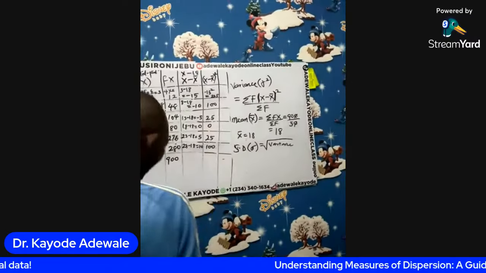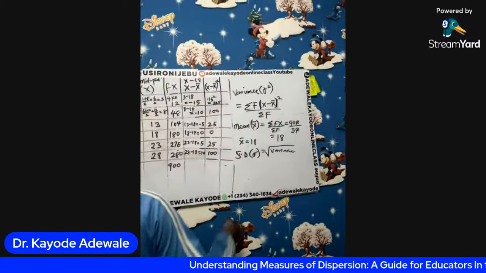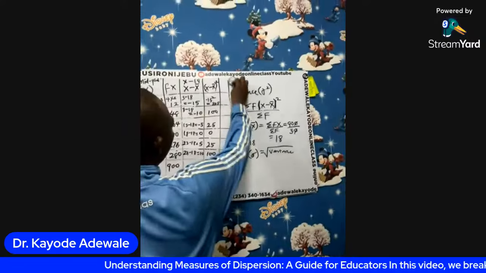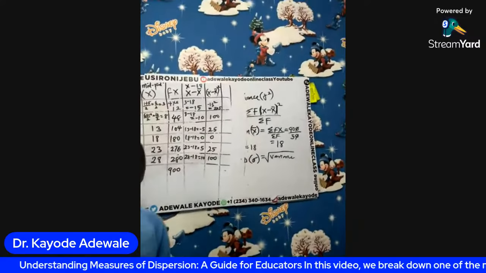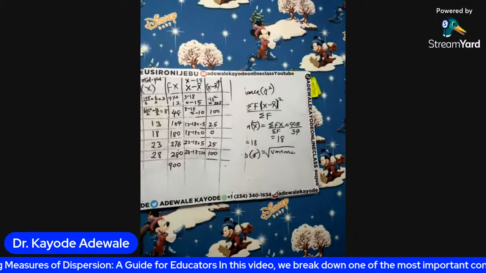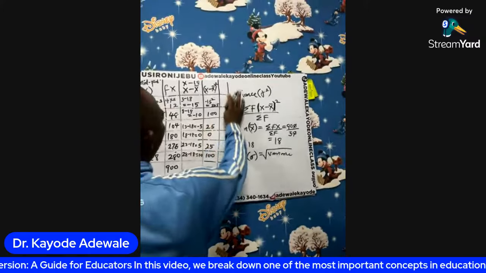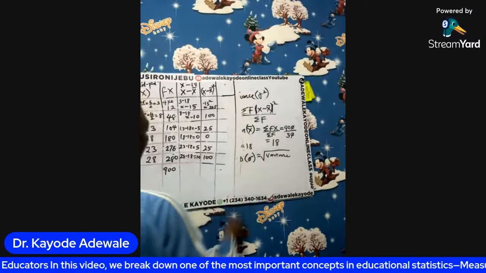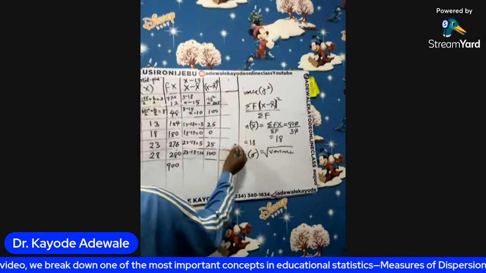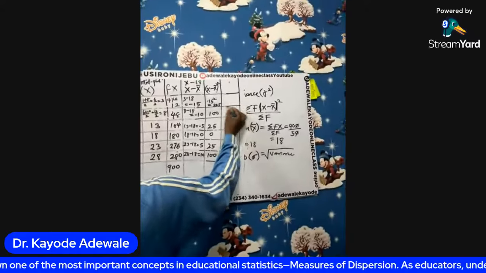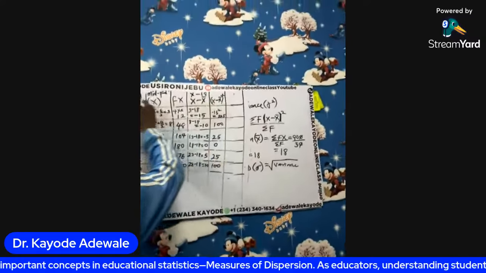After this, let me just clean part of this place now. Can you still pick that? Here now, we have to do the final thing, which is the formula here. We are going to multiply the frequency by this now.